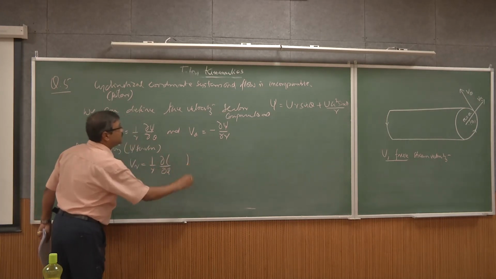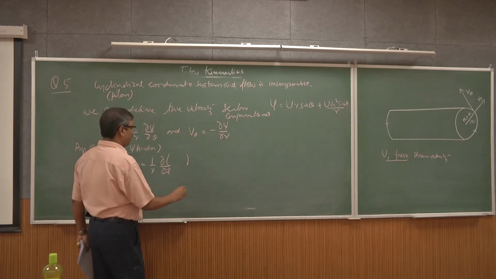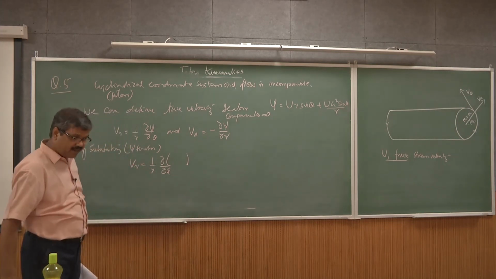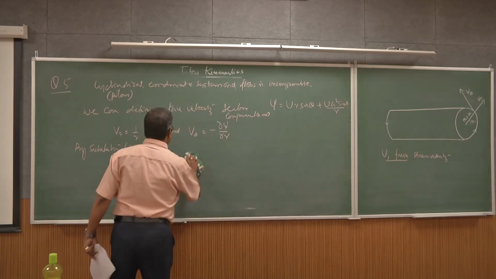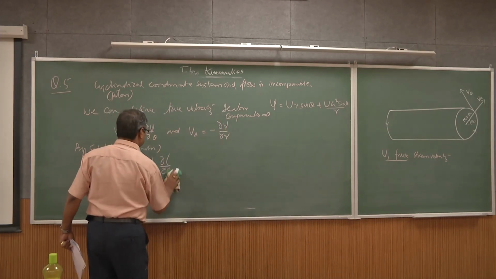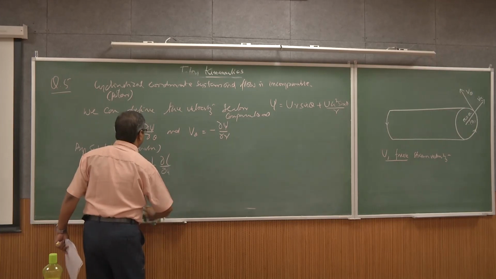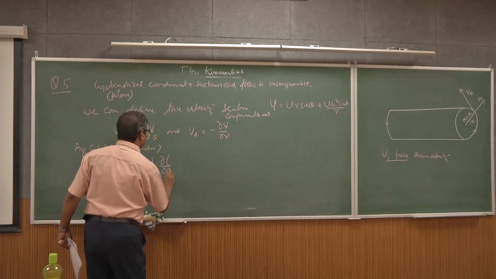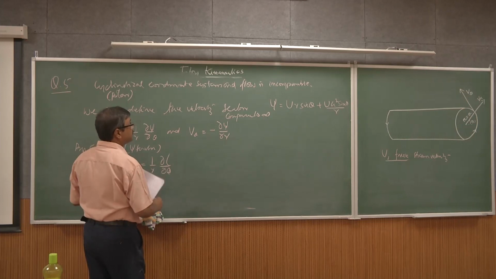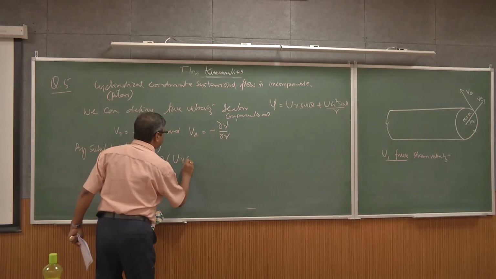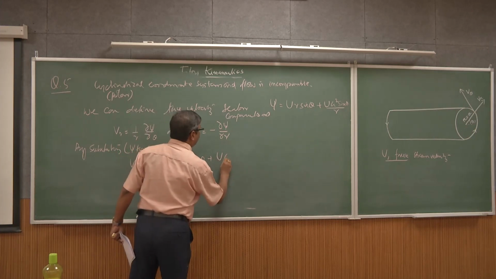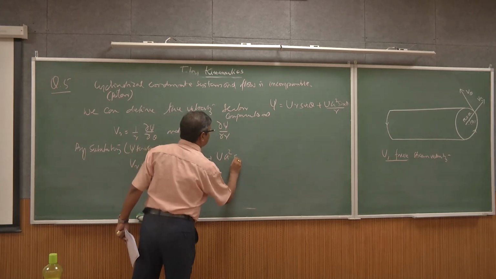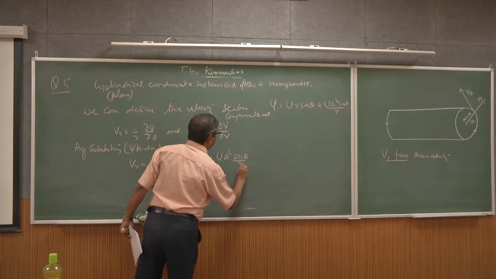That means I am substituting the stream function as given here, which is U r sin theta plus U a square sin theta by r.